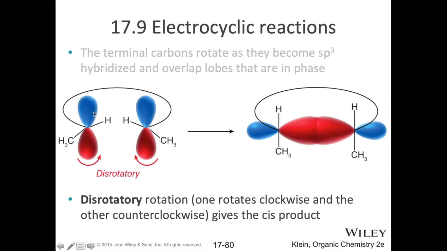Now, we could have done this the other way. We could have had this one turn clockwise, this one turn counterclockwise, and the blue lobes would overlap. But in both cases, one's turning clockwise, the other's turning counterclockwise. That's why this is disrotatory. Okay, I think what confuses a lot of students when they see this happening, this looks very symmetrical.